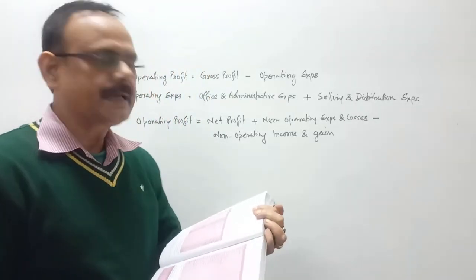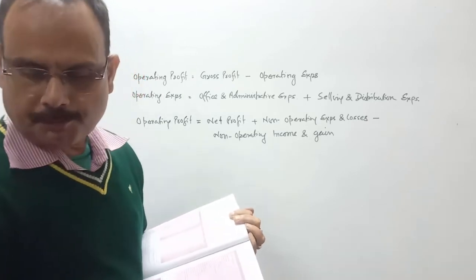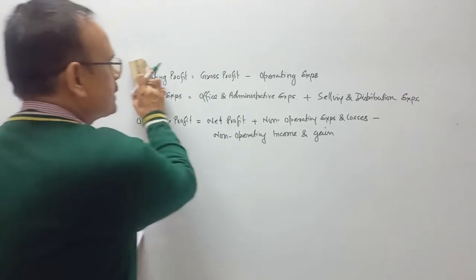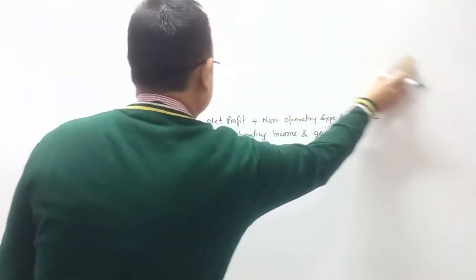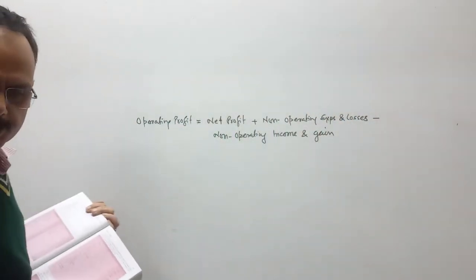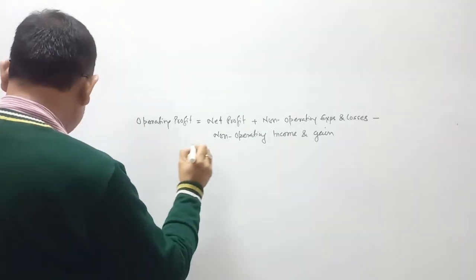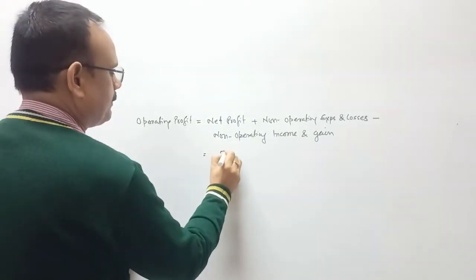Here the net profit is given in this question. The information is on this side. So net profit is how much? Net profit is 5 lakh. This is given in the question.